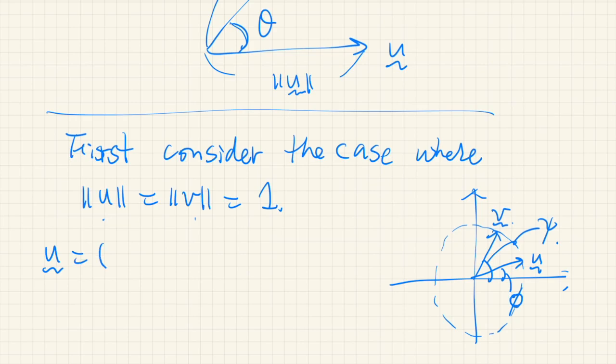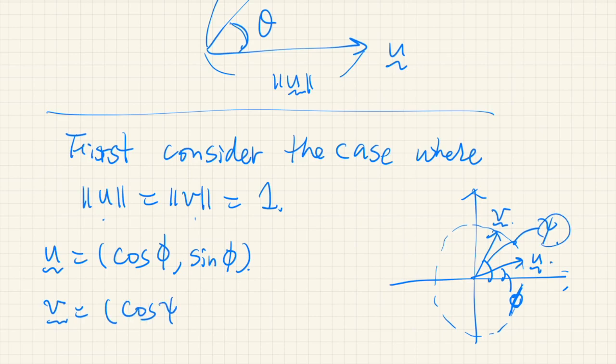Since we define this angle as phi, the first component can be written as cosine phi, and the second component sine phi. And v, similarly, can be written as cosine of psi, and sine psi.